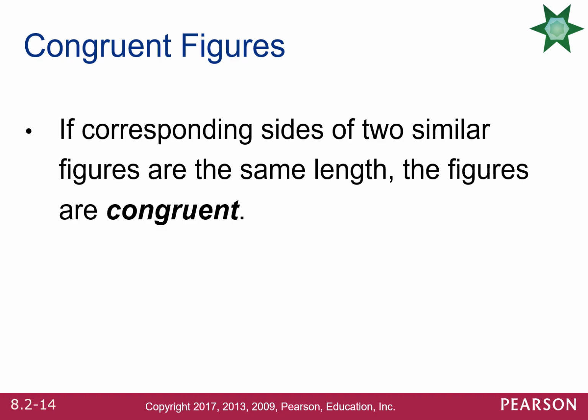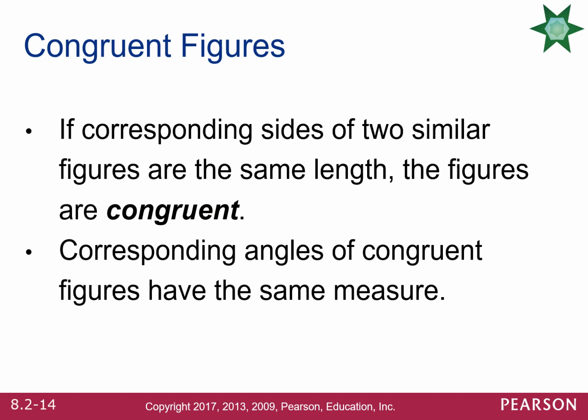So if corresponding sides of two similar figures are the same length, the figures are congruent. So in congruent figures, the corresponding sides as well as the corresponding angles are equal. They have the same measure.